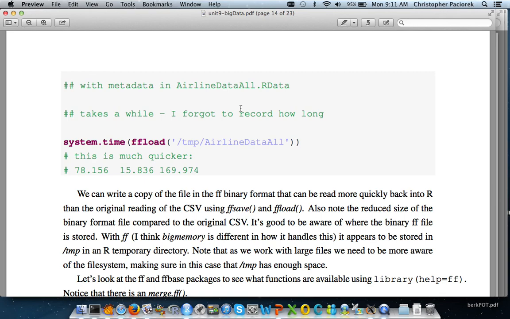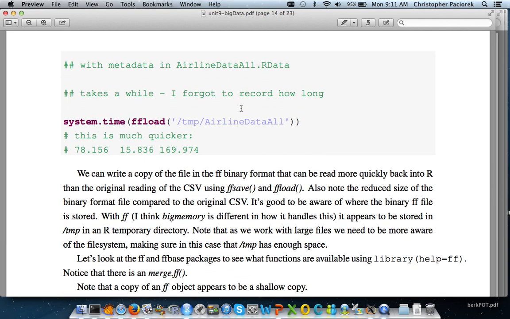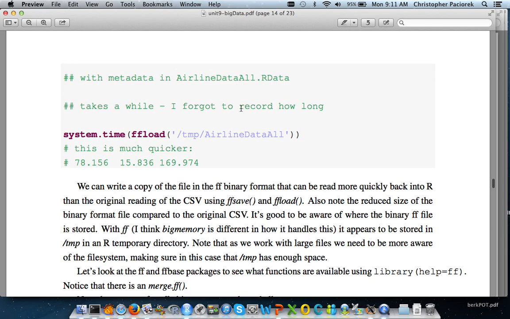Okay, so I said I'm not going to do this in real time for hopefully fairly obvious reasons. But I read in the airline data set from a set of CSVs and then loaded it in using the ff and ff-based packages. And then I used ffsave to basically save it back out in a binary format that's saved in a more compressed way than the original CSVs.